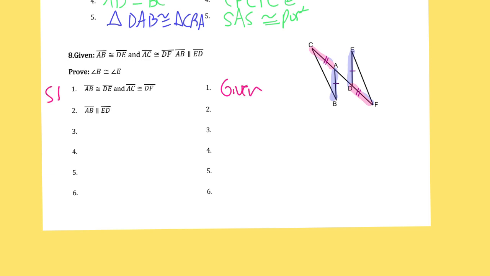Now they are talking about something being parallel. AB is parallel to ED. Well, parallel normally means alternate interior. We're trying to prove that angle B and angle E are congruent to each other, and I think the big thing is we're going to show that these 2 triangles are congruent.